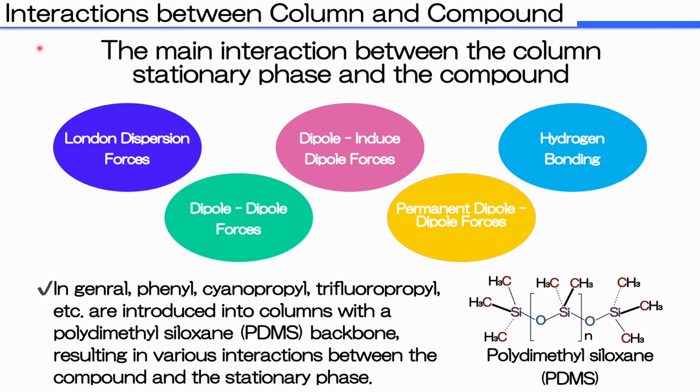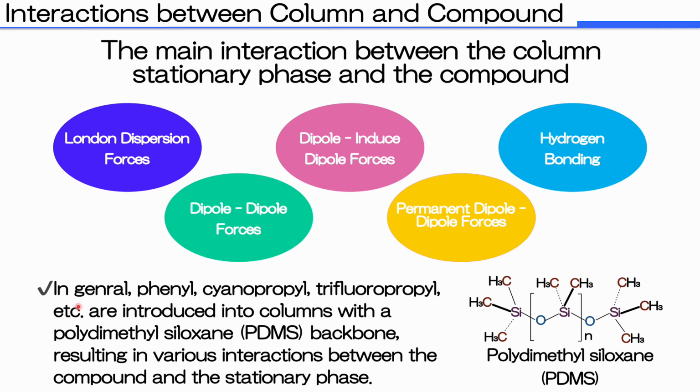The main interactions between the column stationary phase and the compound are London dispersion forces, dipole forces, dipole-induced dipole forces, permanent dipole forces, and hydrogen bonding.